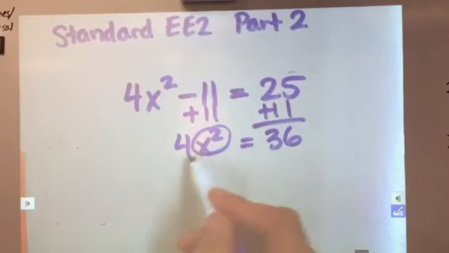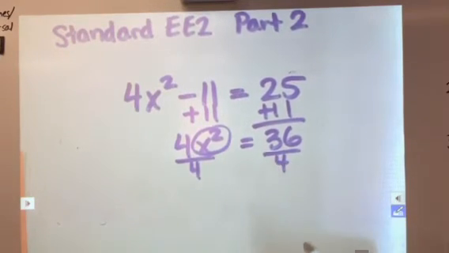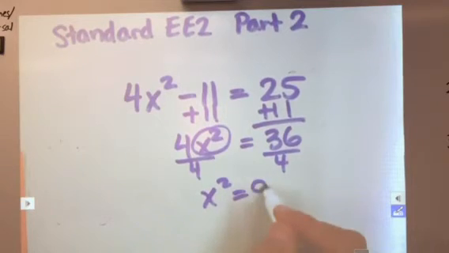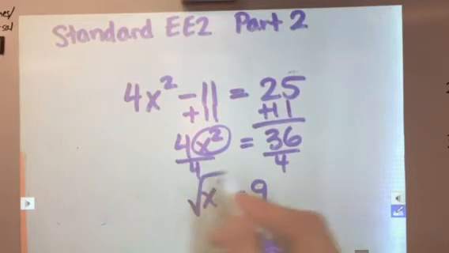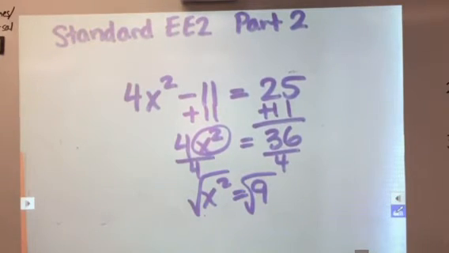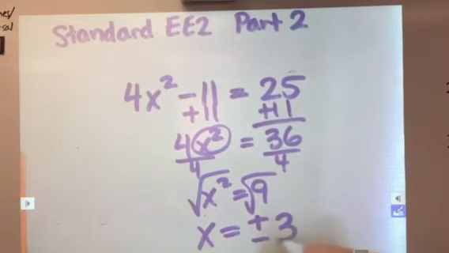Get x squared by itself now by dividing both sides by 4. x squared equals 9. What's the inverse operation of squared? Square root. What I do to one side, I do to the other. When I take the square root of 9, I need to understand that that could be positive or negative 3. Positive or negative 3 would be the two solutions here.